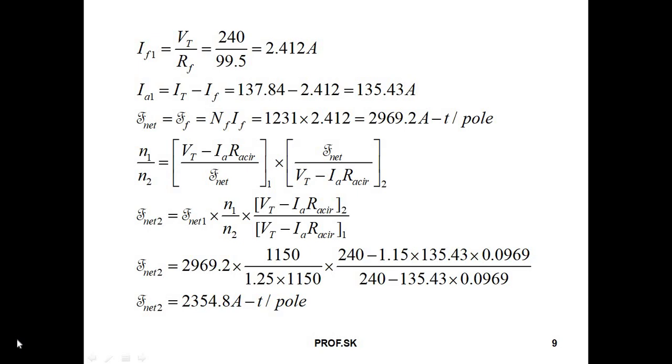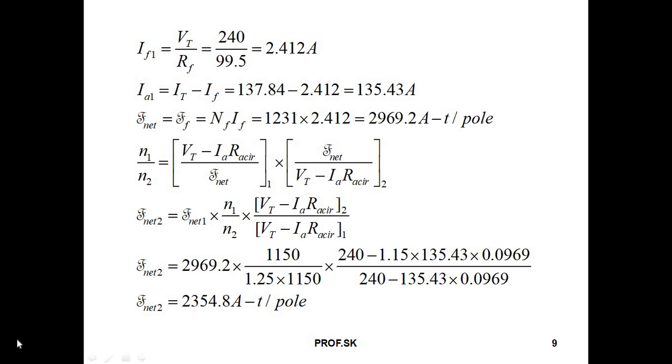Then N1 divided by N2 is equal to Vt minus Ia Ra divided by Vt minus Ia Ra.